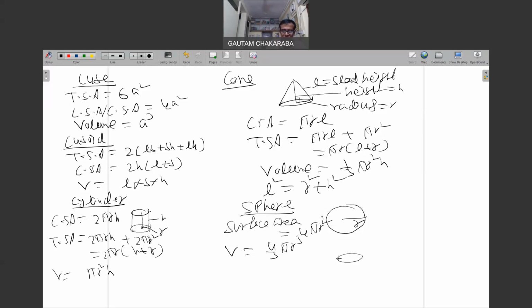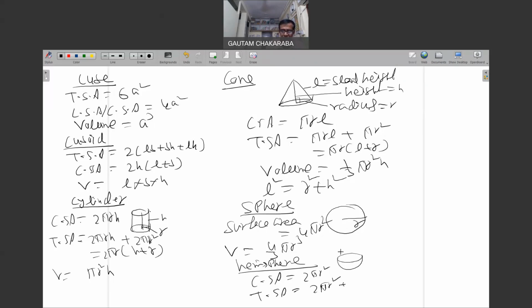And if you take a hemisphere, CSA is half of the sphere area, 2 pi r square. CSA means not including this base, and TSA means including this base.